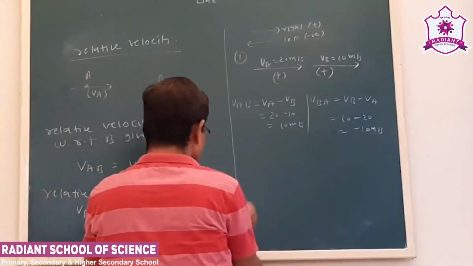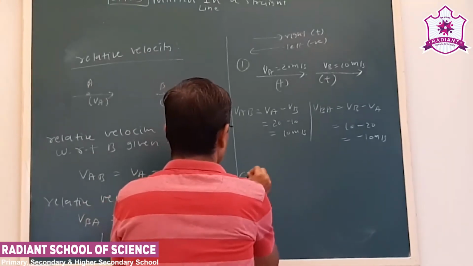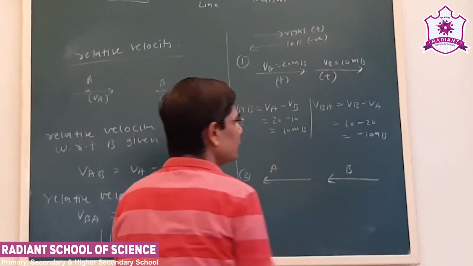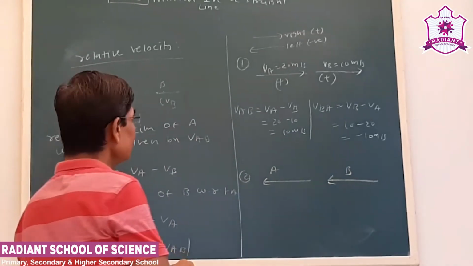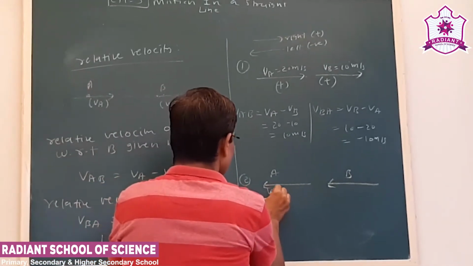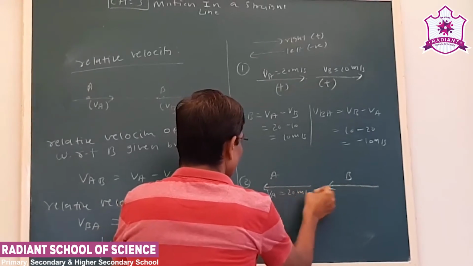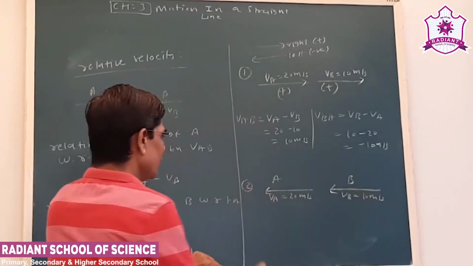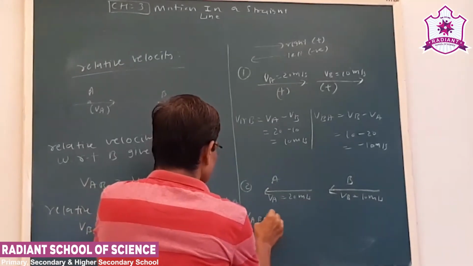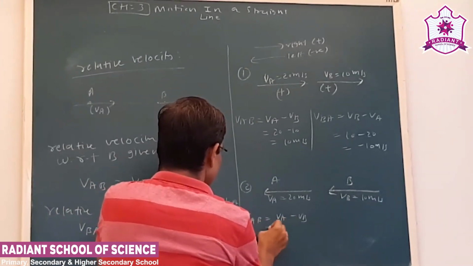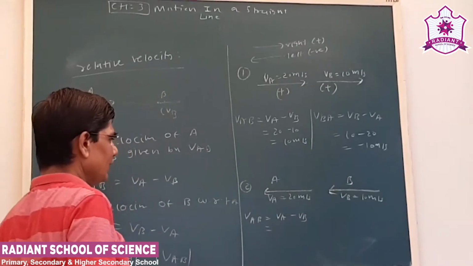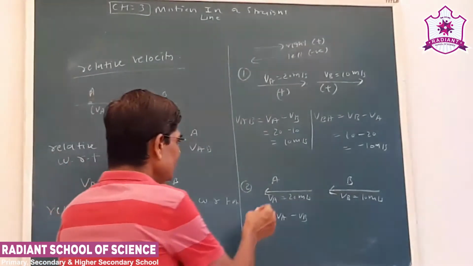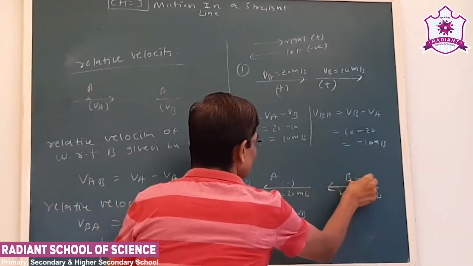Now see the second case. Both move on the left-hand side. Let us say VA is again 20 meters per second and VB is 10 meters per second. Now VAB will be VA minus VB. By convention, velocity on the left-hand side we consider negative, so this will be negative and this also will be negative.